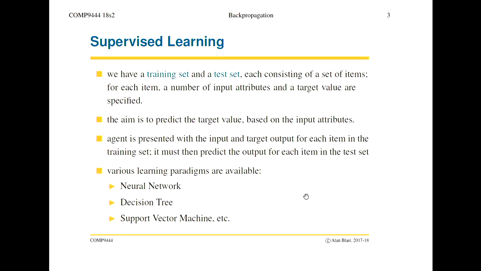So it could be one target value, one number that you're trying to predict, or several numbers that you're trying to predict. And so you have a certain number of inputs.